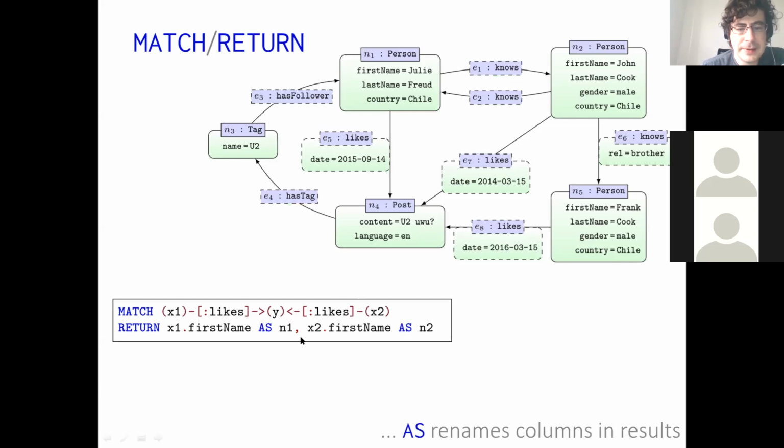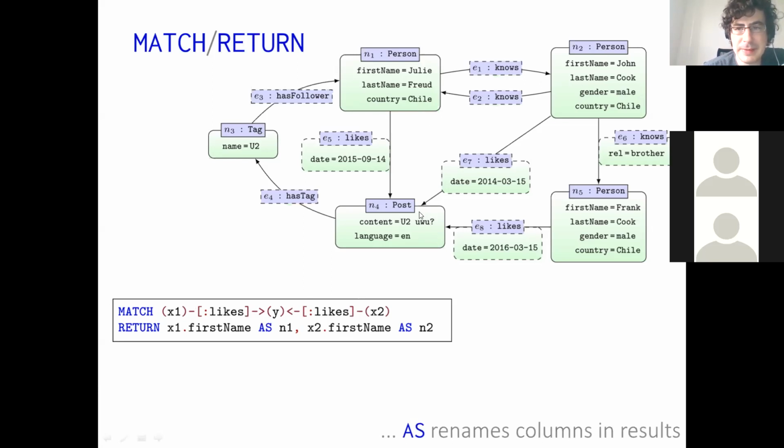So in this case, just to show that we can also use AS to rename, much like in SQL to rename columns and results. So we can rename x1 first name as n1. So we're looking for essentially nodes that like the same thing. So who likes the same thing here?